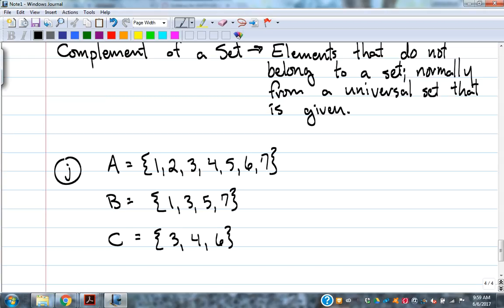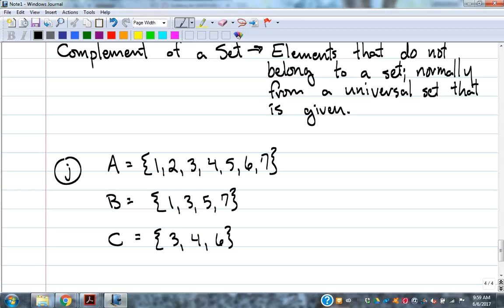Okay. Now, of those three sets, which one do you think is the universal set? And why? It's got more in it, right? The universal set is going to be the largest set.